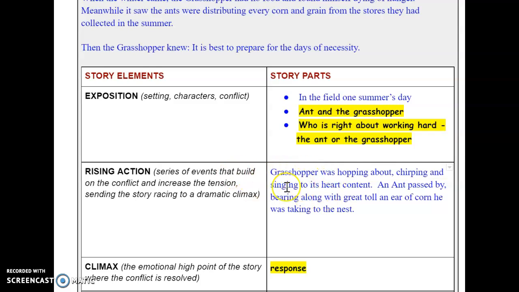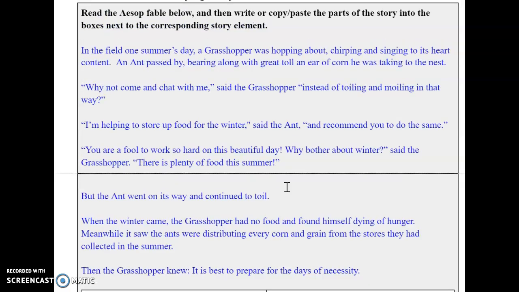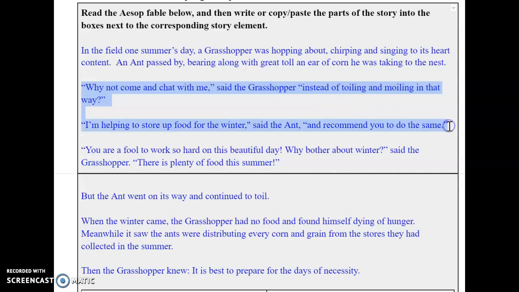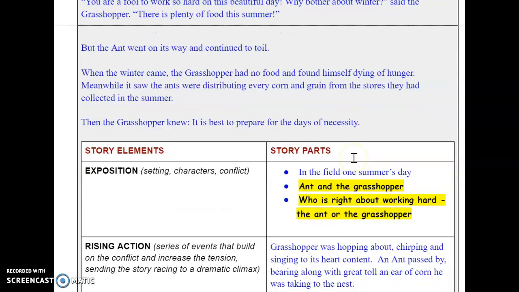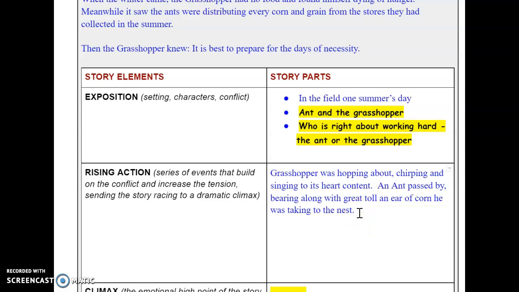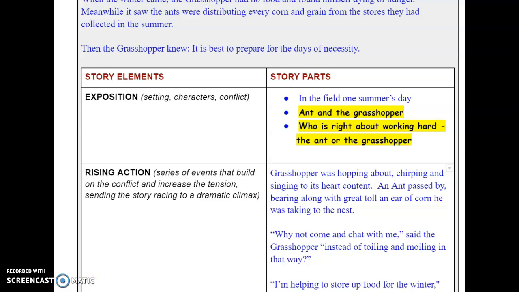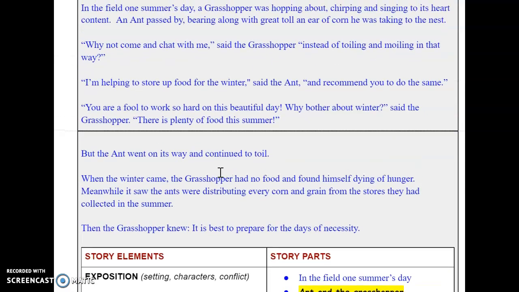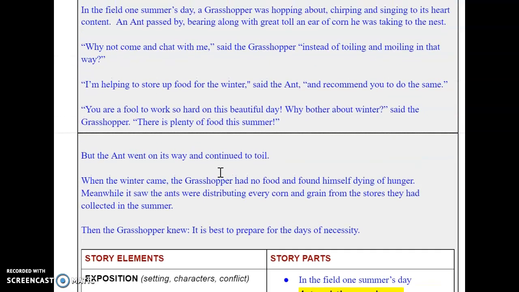Now we kind of have to build up explaining what the conflict is. So I think I'm going to copy and paste these two sentences because this is really explaining what the conflict is. And I'll come down here. This is my next rising action event. And let's see, this is all going to happen before the climax.